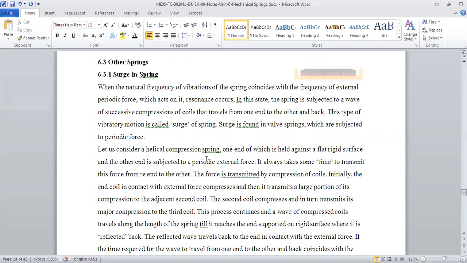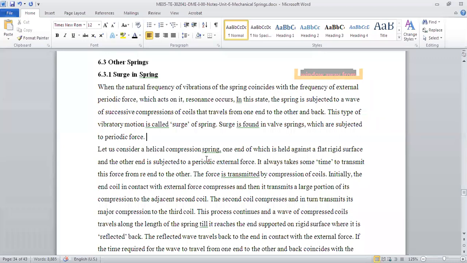Per some unit time. If we take second as the unit of time, then the number of cycles of compression and expansion per second is called the frequency of the external load, right? So it is going through that action so many times per second.